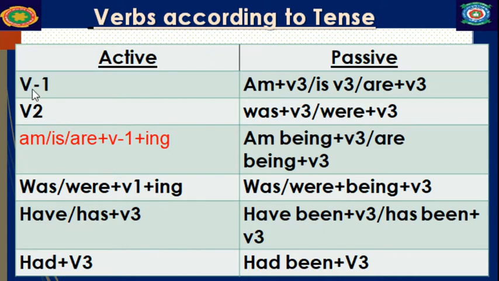Verb 1, when the sentence is in present indefinite tense. Let me give you an example. I eat rice. That means it is in verb 1 form. Then you have to take the auxiliary verb.